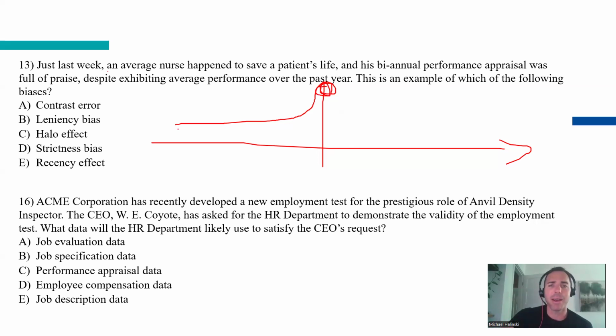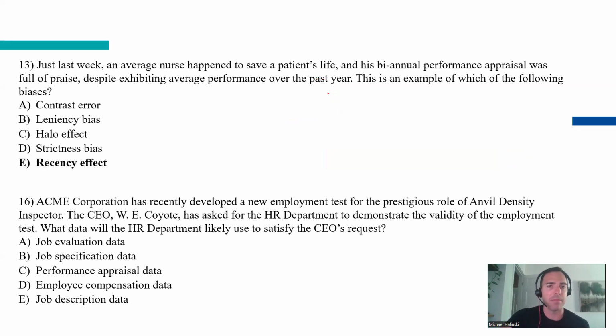If the majority of the time the nurse was here, they probably should have received an evaluation somewhere closer to here, and then acknowledged saving somebody's life. But instead, the recency effect focuses solely on the most recent activities and ignores everything before then. In this case, it worked out positive for the nurse, but sometimes it could be bad.